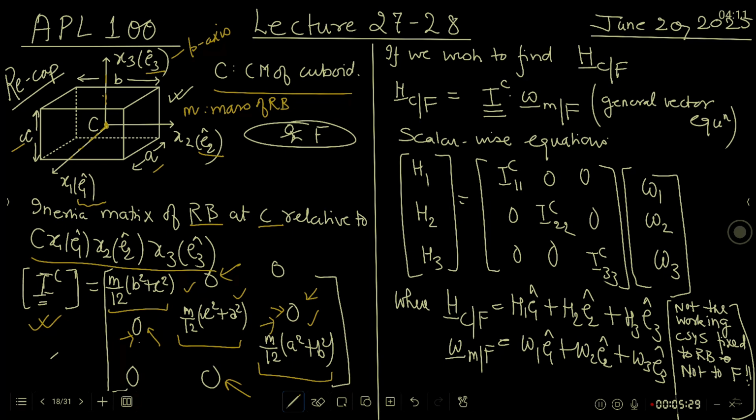The new information is that IC13 also should be 0. That's why I have that member as 0. And since this member is 0 here, this should also be 0, because the matrix has to be symmetric. And thus all off diagonal elements are 0. The diagonal elements I did find by performing full integration.